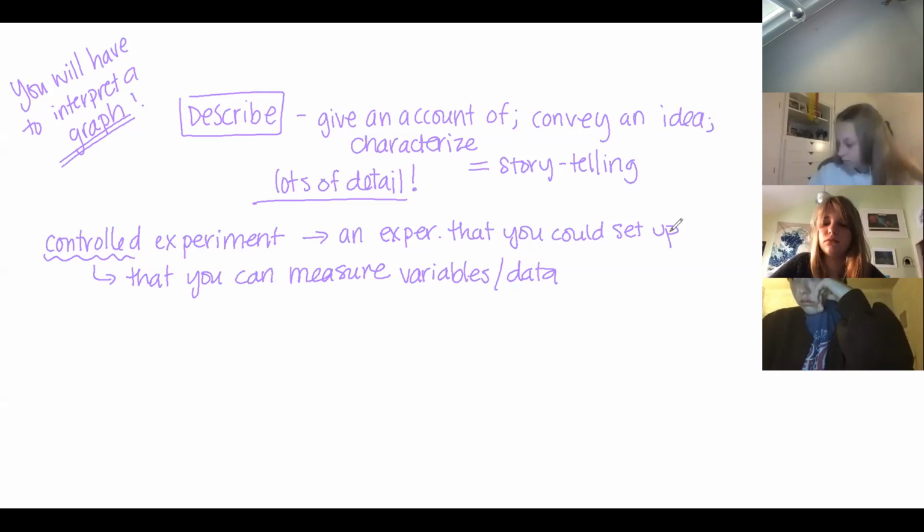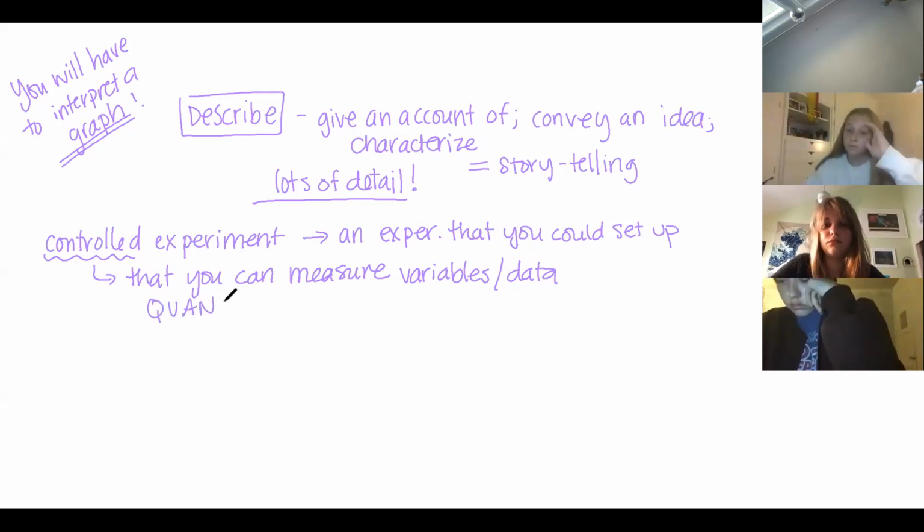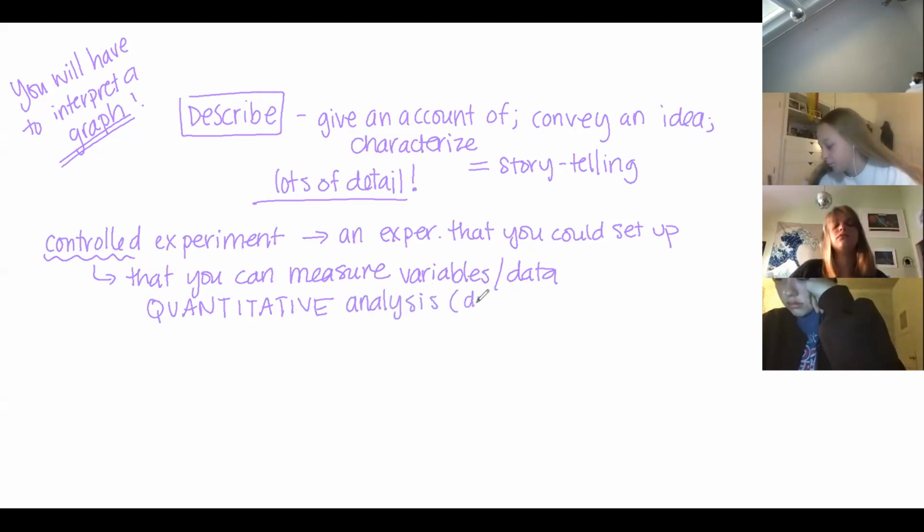There's no amount of time set. Controlled experiments have numbers that go with them, so you really want to think of it as quantitative analysis. It's a tough one to spell, but I spelled it right. Not to say that this excludes qualitative.